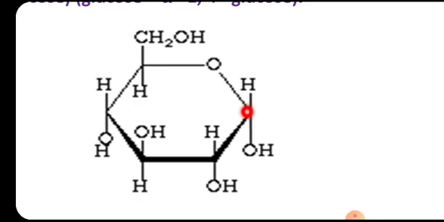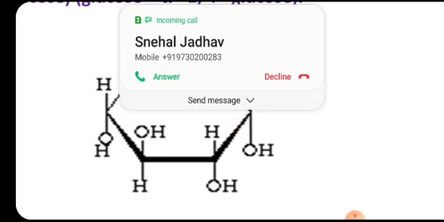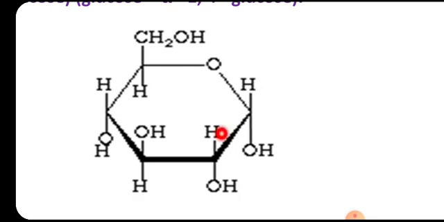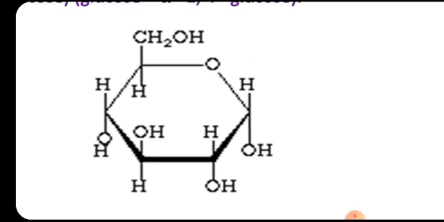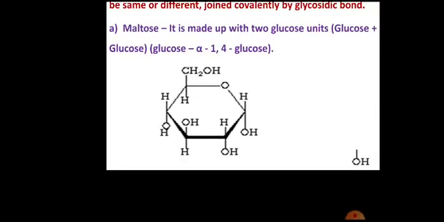Let us count them: first, second, third, fourth, fifth and sixth. Carbon number 1 is surrounded by HOH configuration. Carbon number 2, HOH. Carbon number 3, OHH. Carbon number 4, HOH. This is carbon number 5 and carbon number 6, CH2OH.